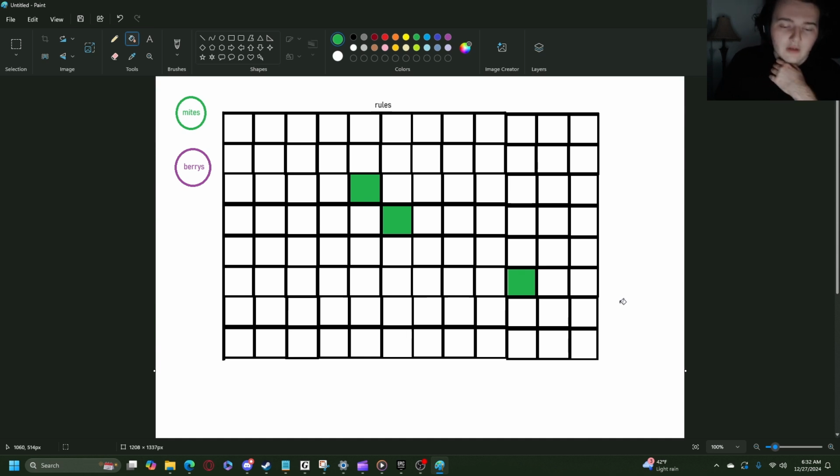Now, the first thing is that this mite has now created an offspring. In order to identify offspring, I wanted a clever way to do it, so that it's identifiable when debugging lots of iterations.